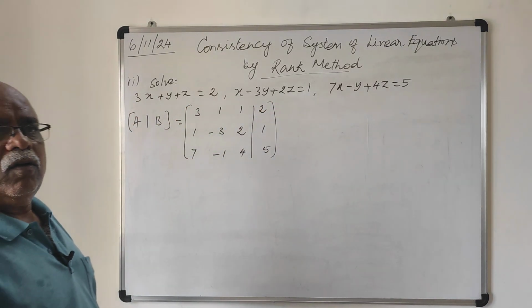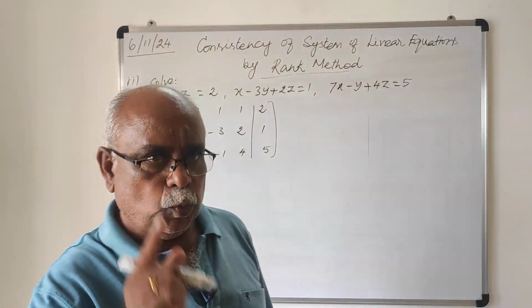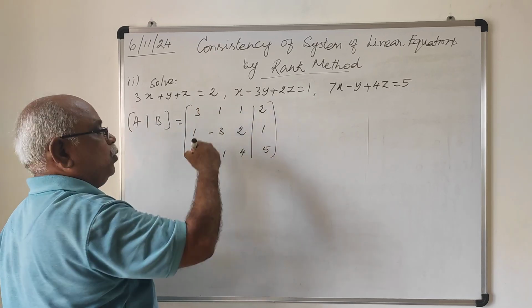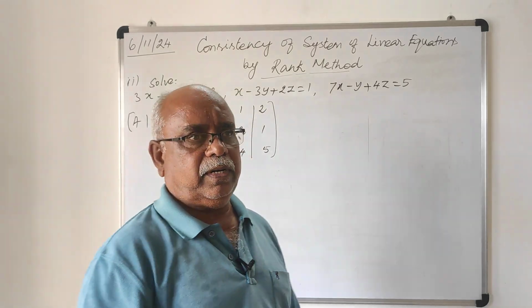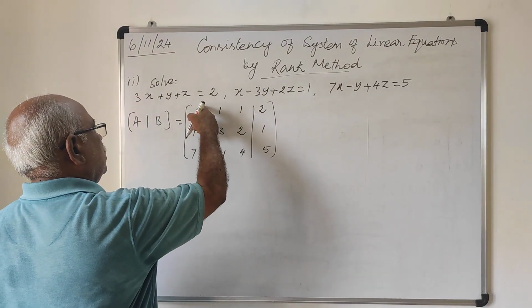See, to find the rank of the given matrix, the first row, first element should always be unit 1. You bring that first row, first element to the unit element, that is 1. For that, you interchange R2 and R1.